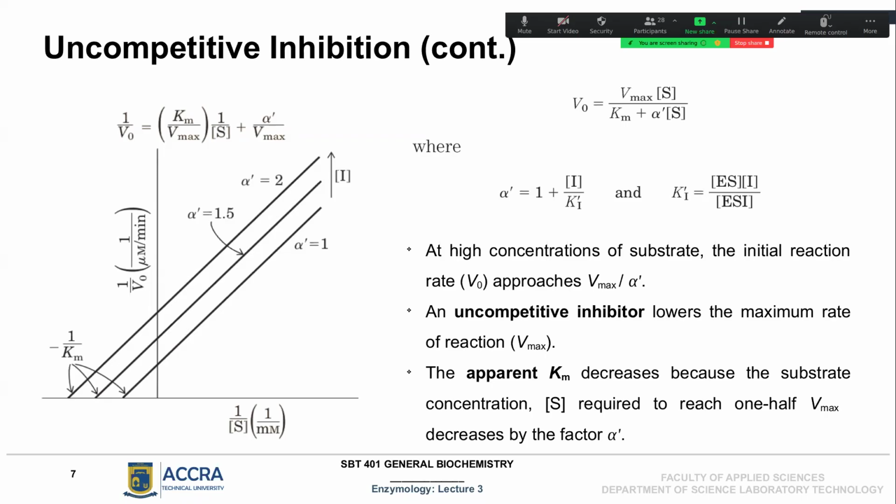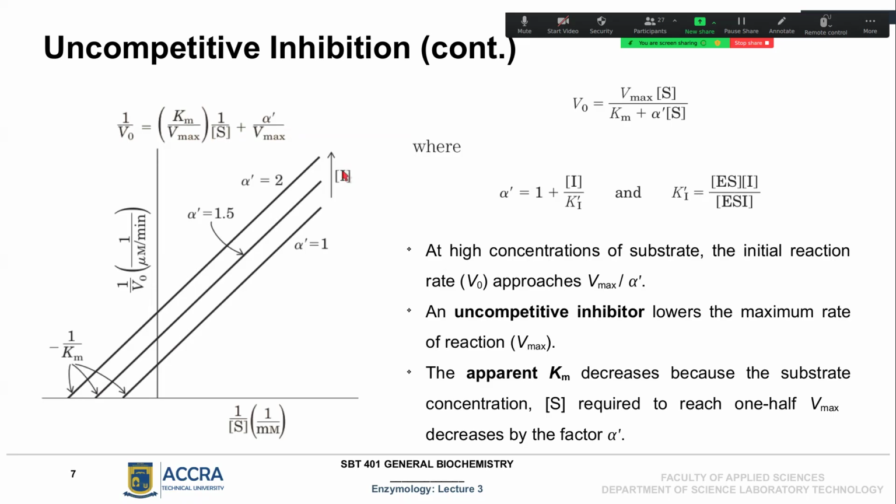Even when you add more substrate, the substrate will not displace the inhibitor, because the inhibitor has its own site that it is binding to. So what it means is the maximum rate of the reaction will be lowered. It will be decreased because of the presence of the inhibitor, because the inhibitor will easily bind to that allosteric site, which is free for it. The substrate does not bind to that place.